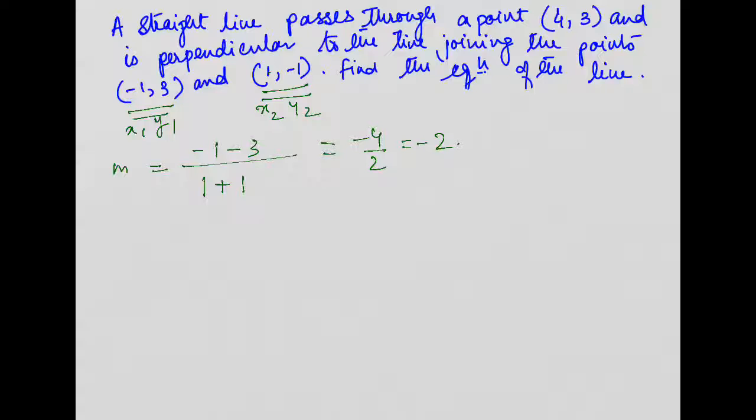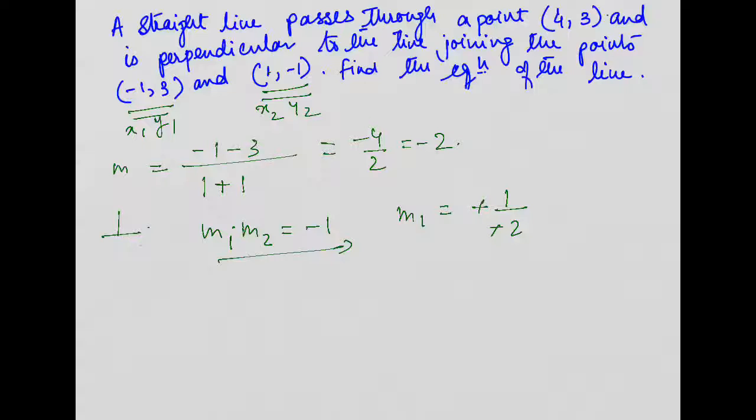Now we know that when two lines are perpendicular, then the product of their gradients will give me -1. Using this property, I am placing m1 equals -1 by -2, that is half. And again this straight line is passing through (4, 3).